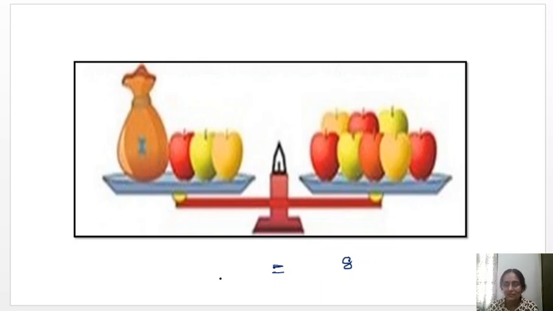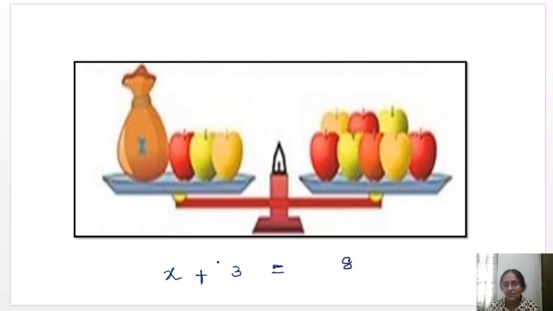What is there on the left pan? Let us represent 3 apples by the number 3, and we don't know what is inside the pot. It should be equal to the weight of 5 apples, but let us assign x for that pot. So it is x plus 3.